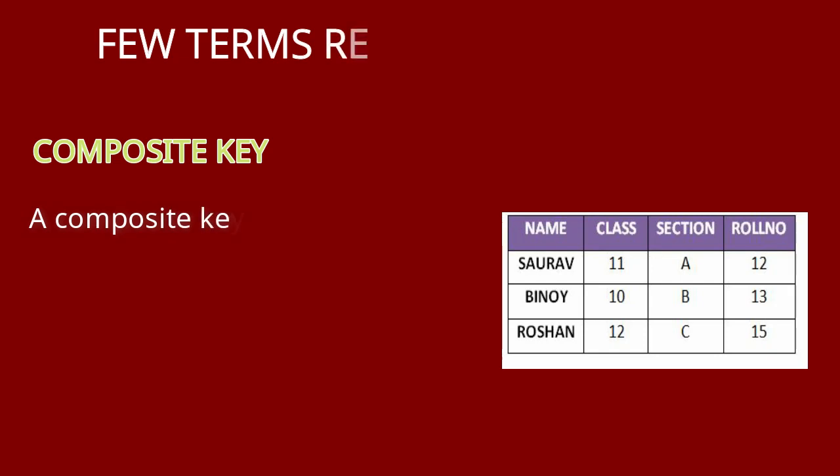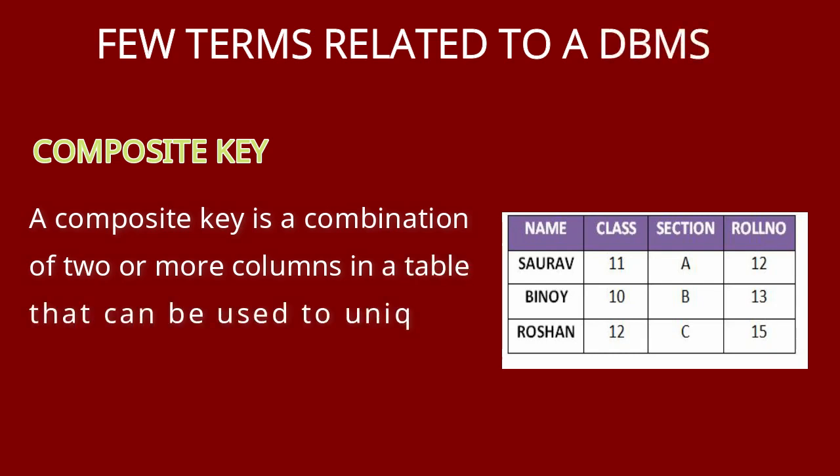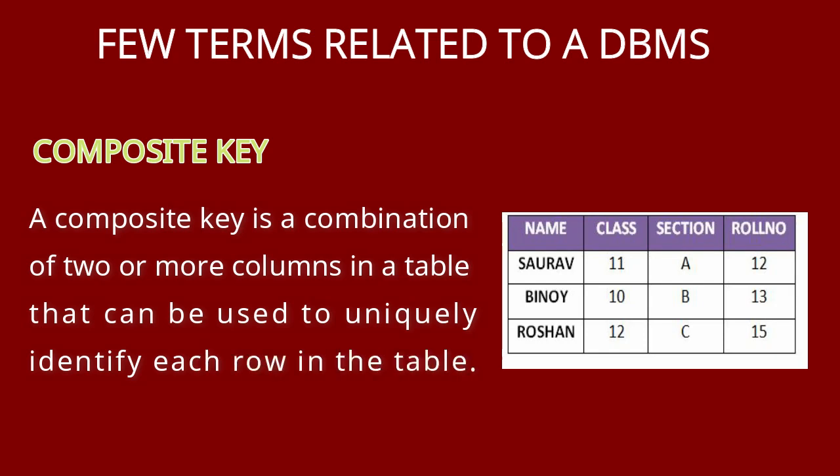Okay, what is a composite key? A composite key is a combination of two or more columns in a table that can be used to uniquely identify each row of a table. See, sometimes it may so happen that we cannot use only one single column as a primary key column. Look at this example.